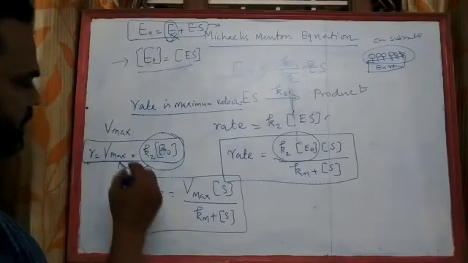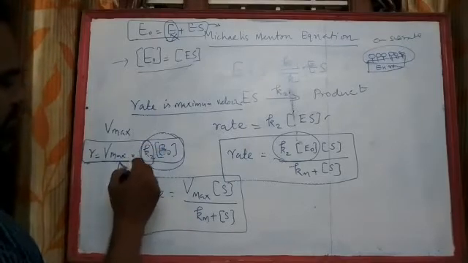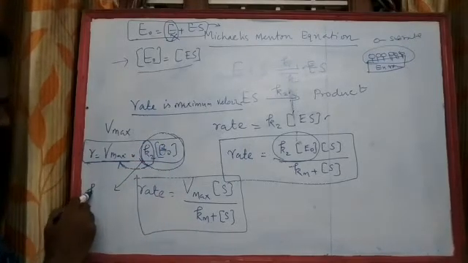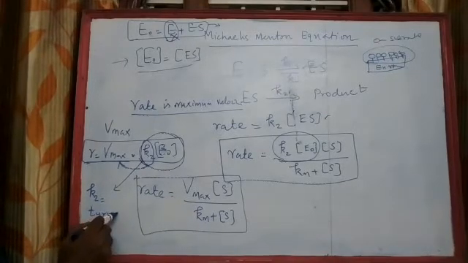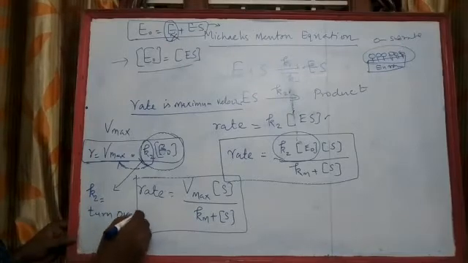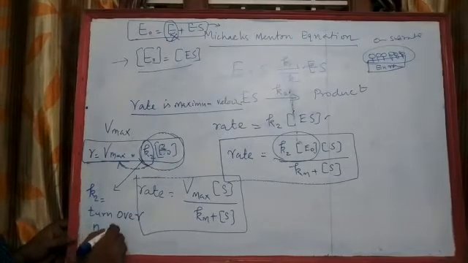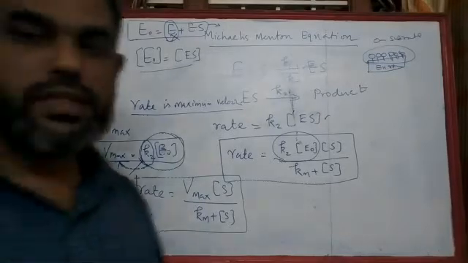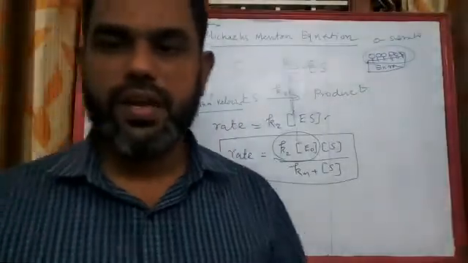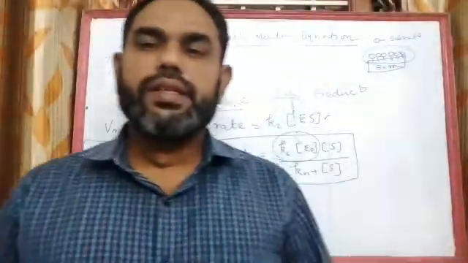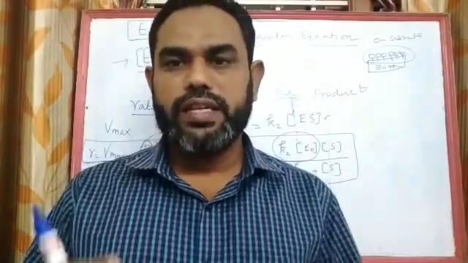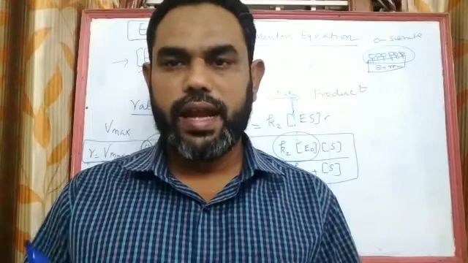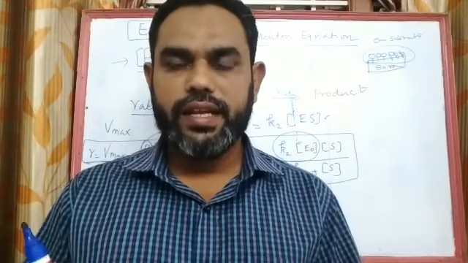Now this K2 is a very important constant, which is called the turnover number. What is the turnover number? It is the number of substrate molecules that one active enzymatic site can turn into product molecules.